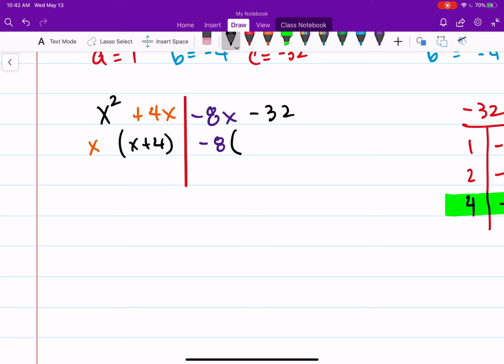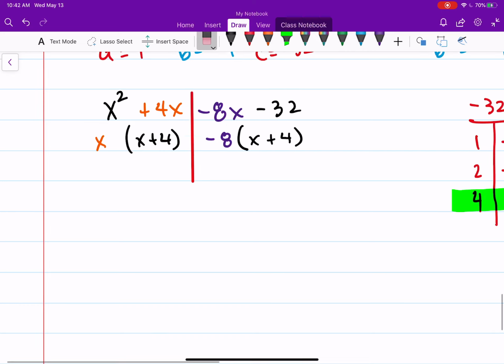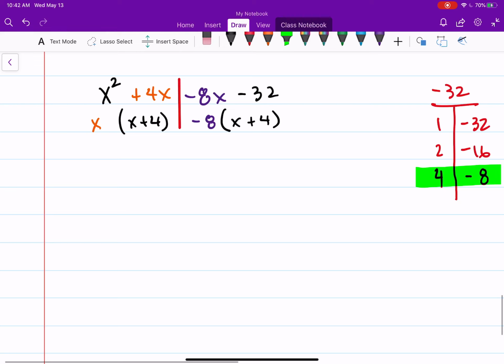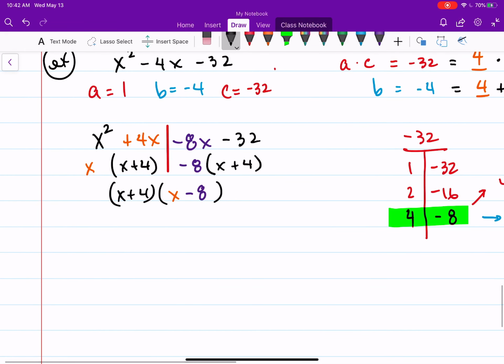Because I pull out the negative, it's going to flip the signs, x plus 4. Okay, so factoring as a whole, I've got x plus 4. And what do I have left? x minus 8.